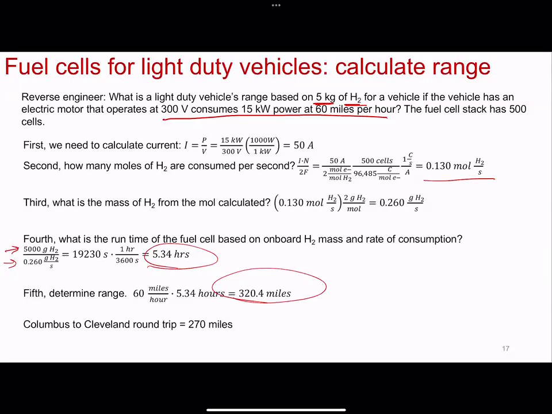So with fuel cells, if you inject your hydrogen, it's different, because the electrification is different than the internal combustion engine.